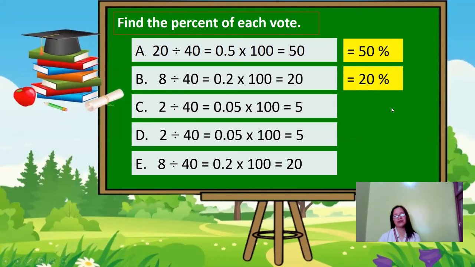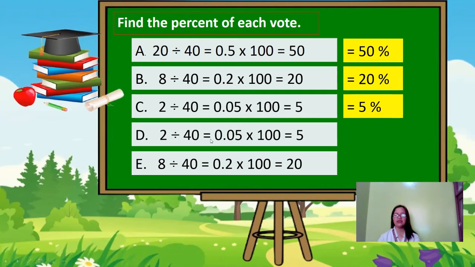So it will become 20%. Next, letter C. 2, again, 2 is the number of votes. Then 40, total number of customers. So 2 divided by 40 is 0.05 times 100 equals 5. Affix the percent sign. So it will become 5%.